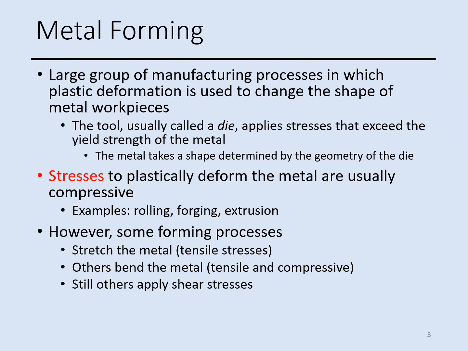It is a permanent distortion that happens when a material is subjected to stresses. Stresses can be tensile, compressive, bending or torsion. So these stresses have to be above the yield strength to cause the deformation.